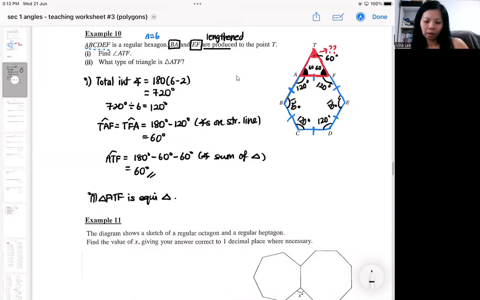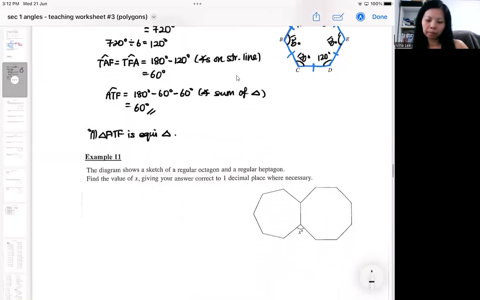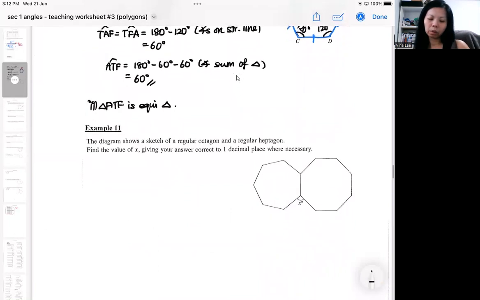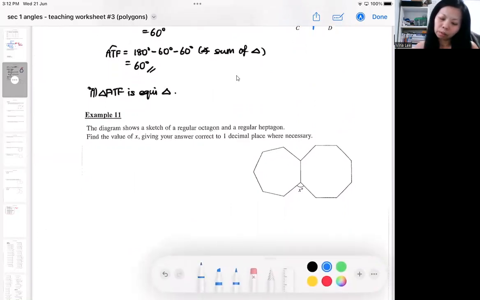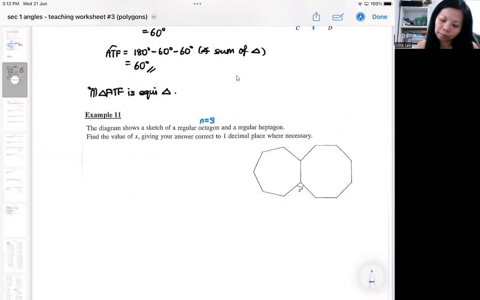apply. In the next question, it's the same thing. In the next question, we also have a regular octagon and a regular heptagon. So octagon will be 8-sided and heptagon will be 7-sided, and both are regular. So as long as it's regular, you need to indicate.